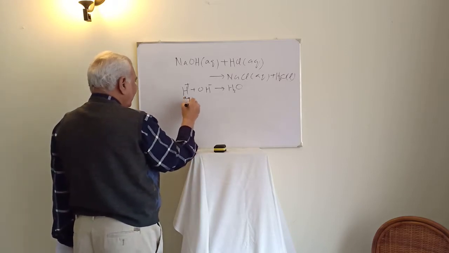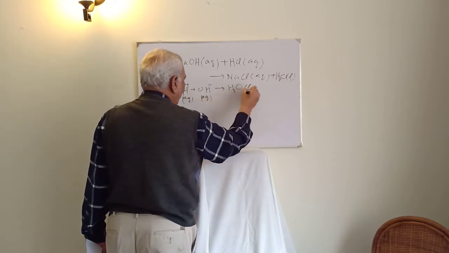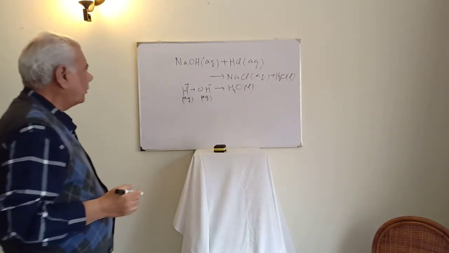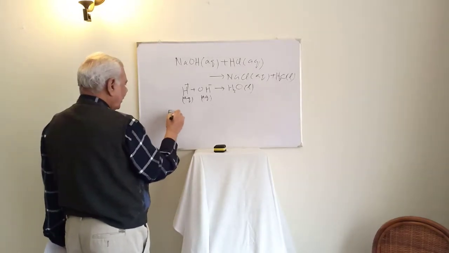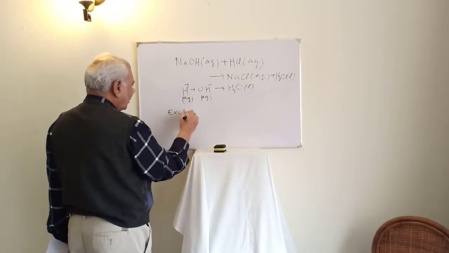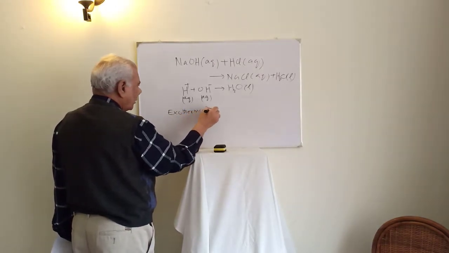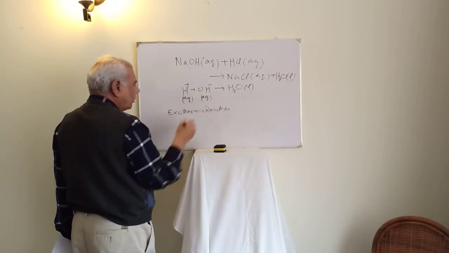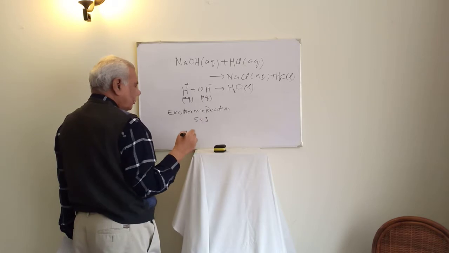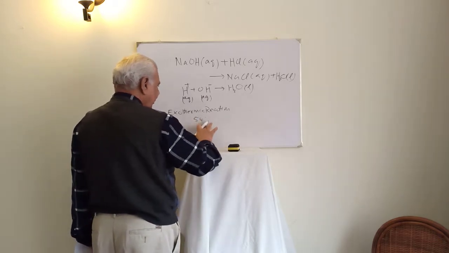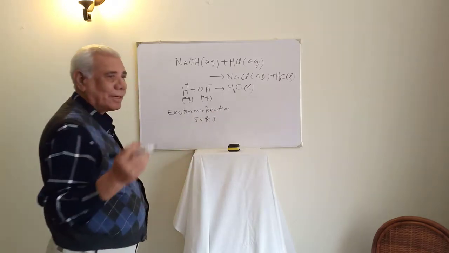You can write, of course, aqueous, and this is liquid. What you see here is an exothermic reaction. About 54 kilojoules of energy is released.